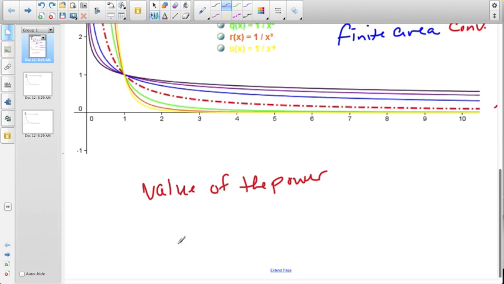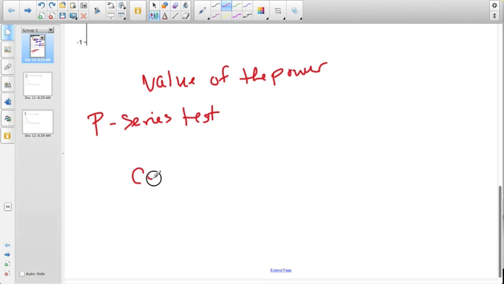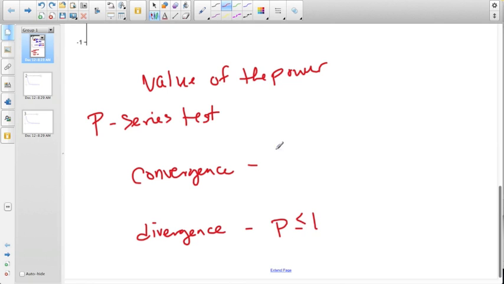The p-series test determines convergence or it determines divergence. It's a test for both scenarios, just like the geometric series test is a test for both scenarios. The nth term test only tests for divergence. Some tests test for both, some tests just test for one thing or the other. So divergence is when we have p less than or equal to 1. Convergence is when we have p greater than 1.